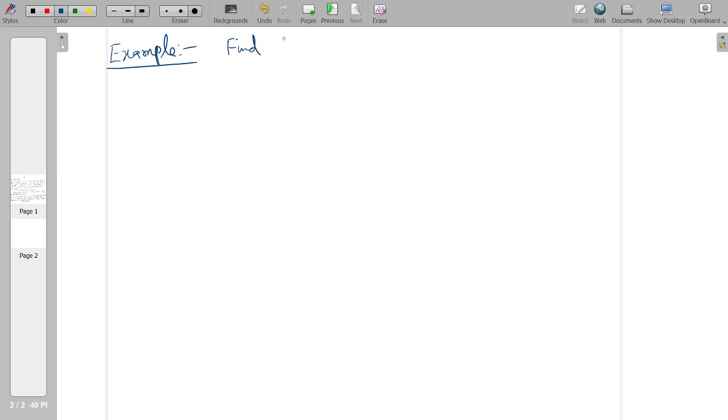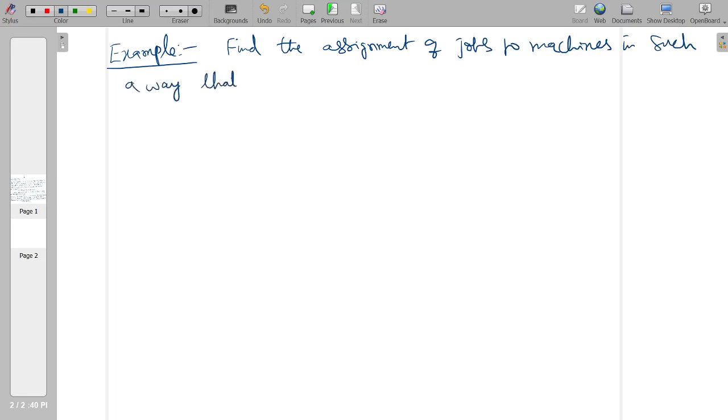Find the assignments of jobs to machines in such a way that the total time taken is maximum.